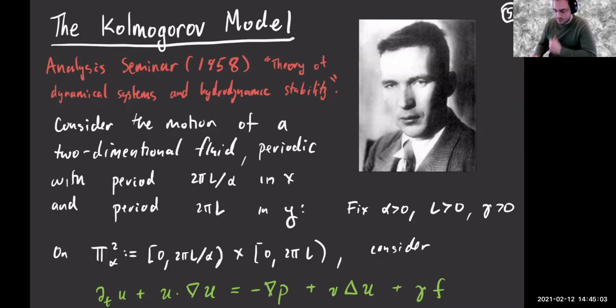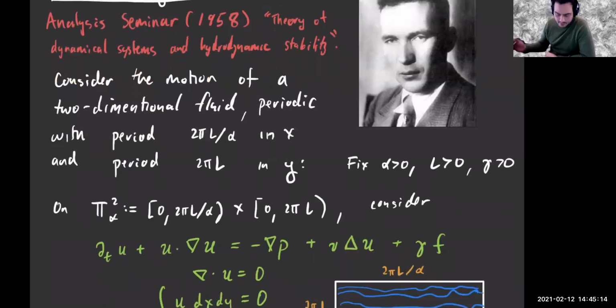Okay, so the model that I'm going to discuss today is one that Kolmogorov proposed in his analysis seminar in 1958, and it's perhaps the simplest possible setting where you could really hope to try to quantify this dynamical transition as some parameter, which ends up being the Grashof number or the Reynolds number, I'll explain in 1 second, is varied.